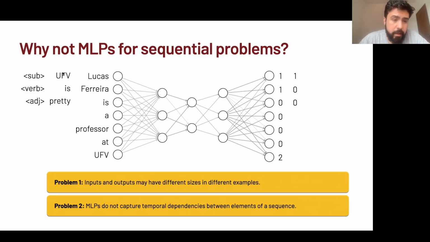So for example, the MLP doesn't know that UFV is a subject here because it's the first element, and it's not going to learn that whatever comes first in a sentence normally is a subject, and then you have a verb normally after subjects, and then you have an adjective after the verb, which is a very common structure of sentences in both English and Portuguese. So an MLP wouldn't learn that structure because it doesn't care about the order of the elements in the sequence, okay?